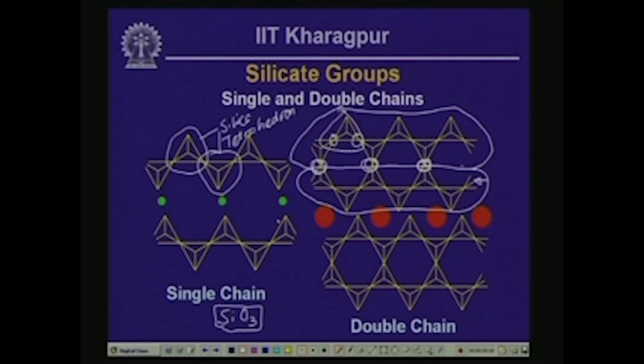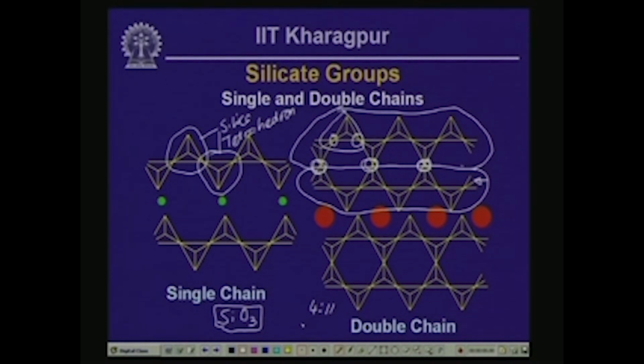So it is obvious that in this case more oxygen ions are shared amongst different silica tetrahedra, and as a result the silicon to oxygen ratio is different in a double chain. Instead of 1:3 as in a single chain, here we got a 4:11 distribution of silicon and oxygen.